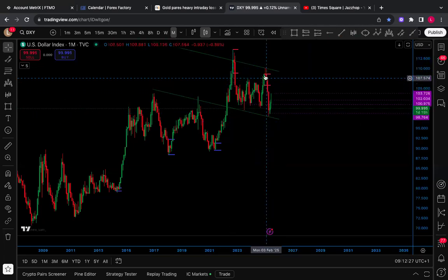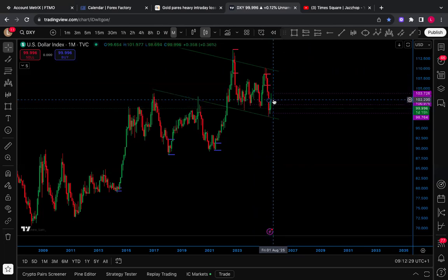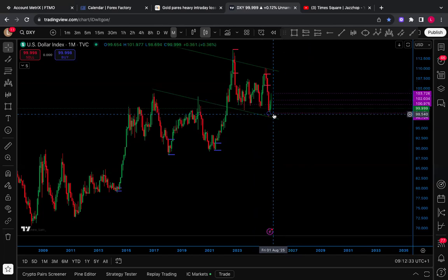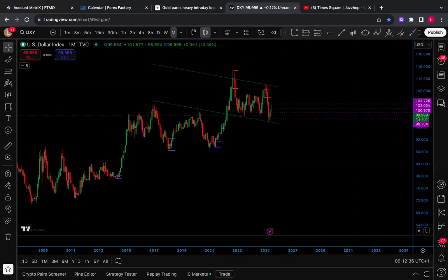Now, this has dropped due to tariffs the last few months. Now he's got his big investments, trade deals are happening. It should really send the dollar to the moon, to be honest. So technically on the monthly, it's looking really nice.